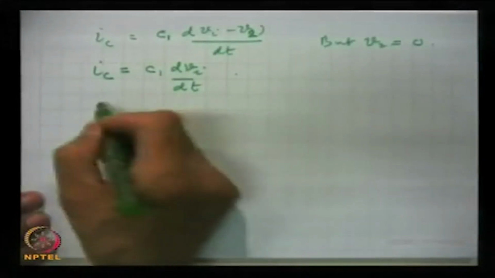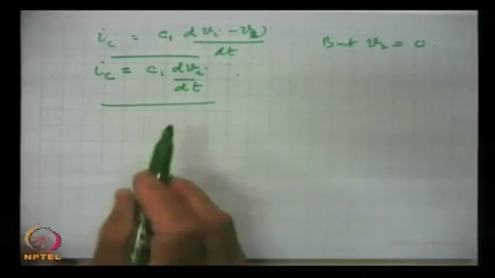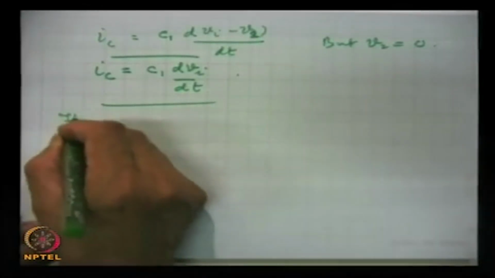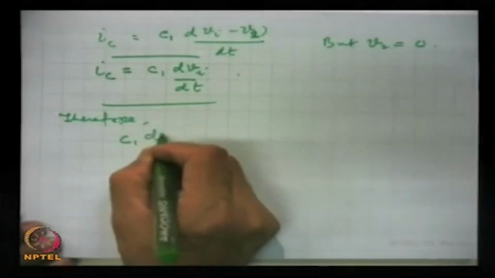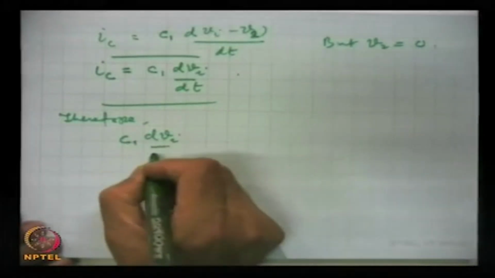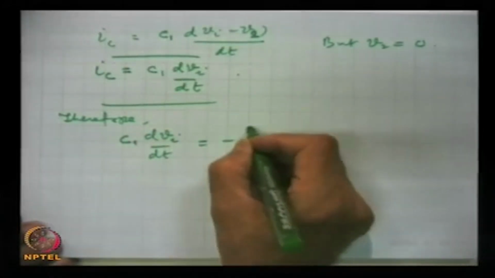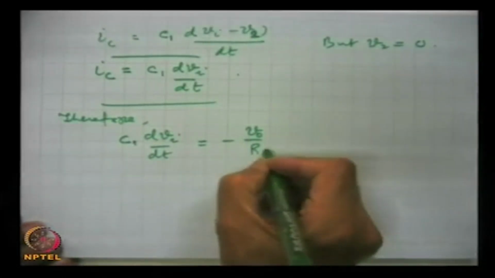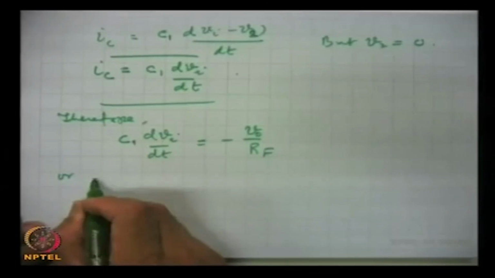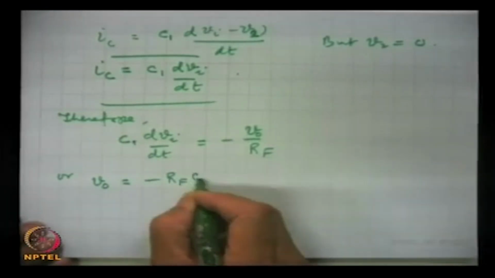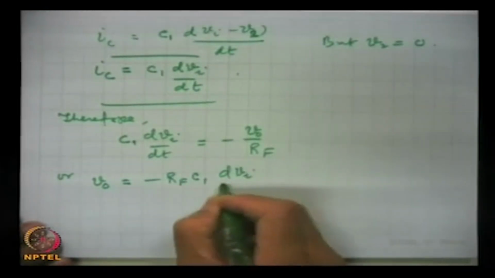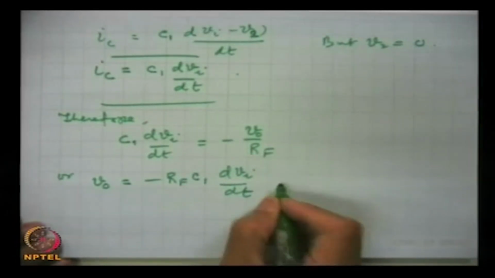So, these two expressions we have already got for IF, and here this is for IC, and so we can write therefore C1 dVi by dt, this is equal to minus V0 by RF, or V0 is equal to minus RF C1 dVi by dt.